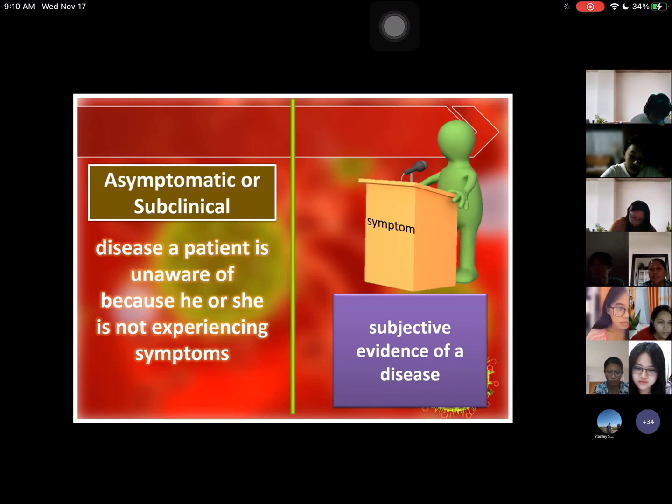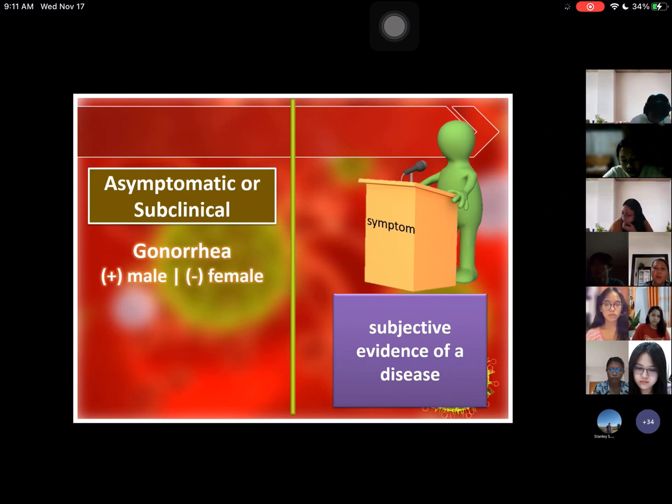Okay? If you are asymptomatic, because you are not experiencing any symptoms, you can unknowingly and unaware transmit the disease or infection. Okay? So that is asymptomatic or subclinical.